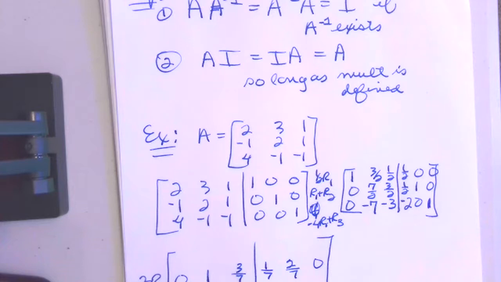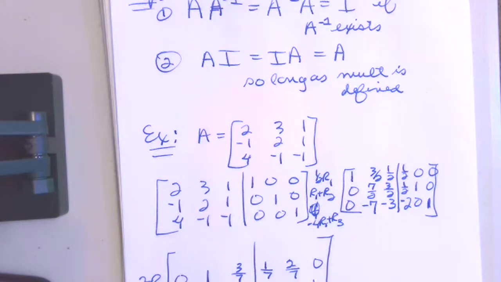So I'll say 7 row 2 plus row 3. And when I do that, I'll get 0 and 0 is 0. 7 and -7 is 0. This gives me +3 and -3 is 0. 7 times 1/7 is 1 and -2 is -1. Then I get 2 and 0 is 2 and 0 and 1 is 1.